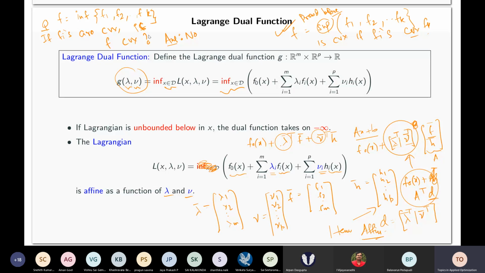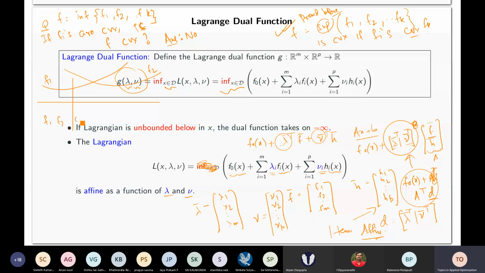The answer is no because it can be seen from doing some quick graph plots. Let us say I have some convex function like this, and another convex function like this. Since these are bowl shaped, I know that these are convex, right? Let us say this is F1 and this is F2.